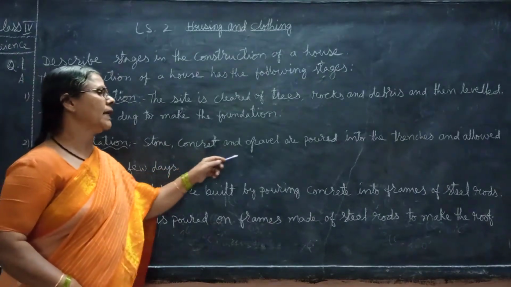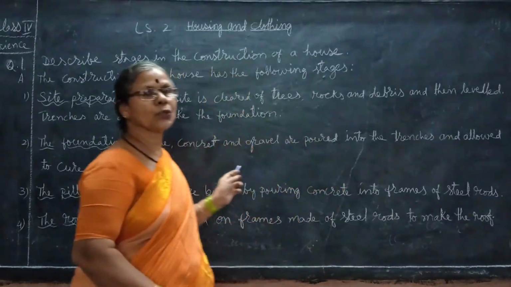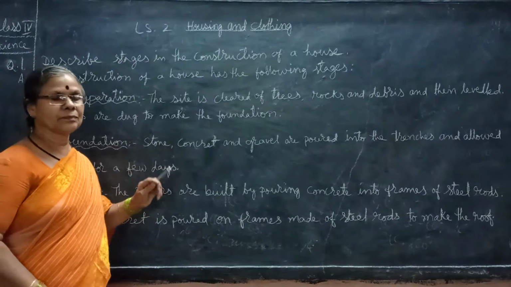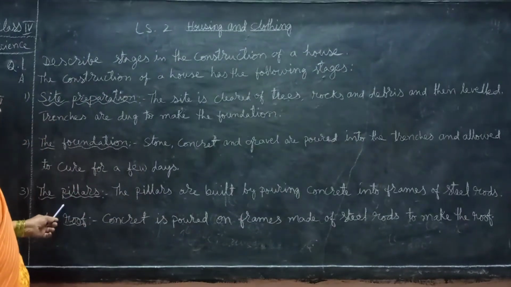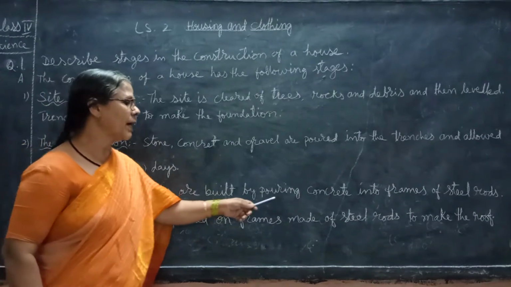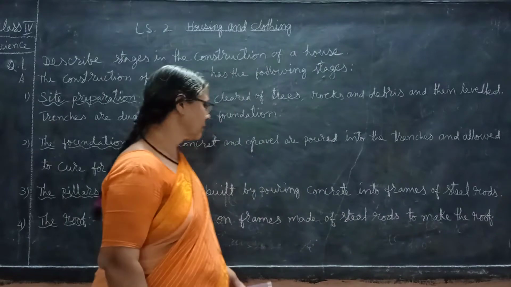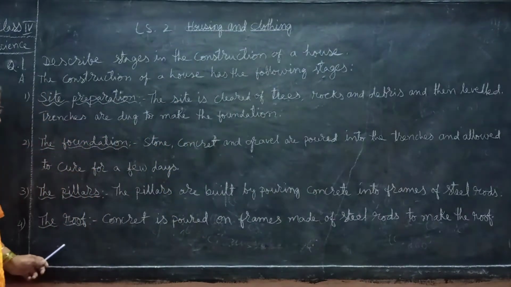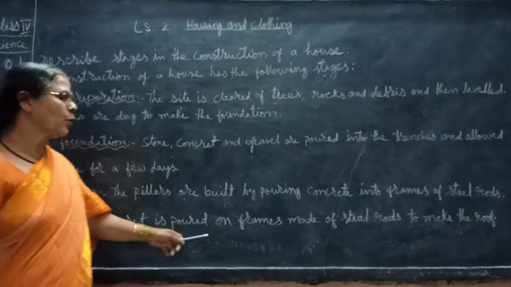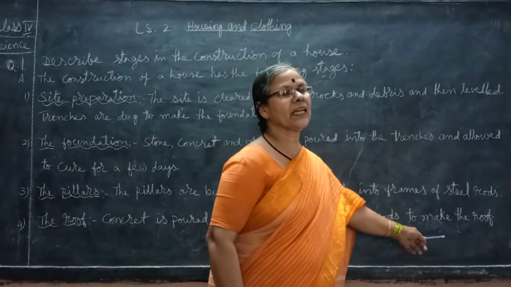Stone, concrete and gravel are poured into the trenches and allowed to cure for a few days. Third stage, the pillars. The pillars are built by pouring concrete into frames of steel rods. And fourth stage is the roof. The concrete is poured on frames made of steel rods to make the roof.